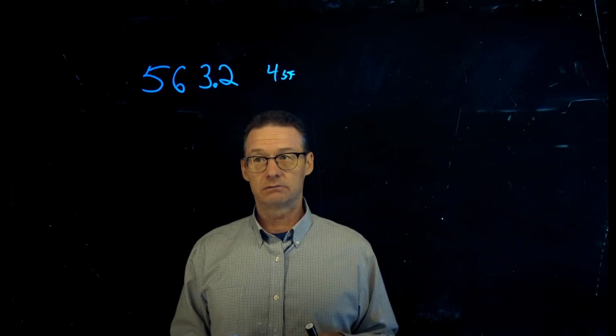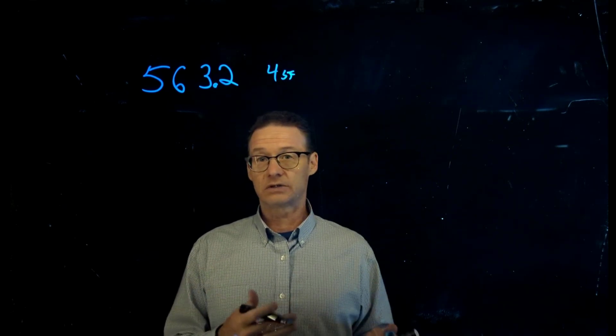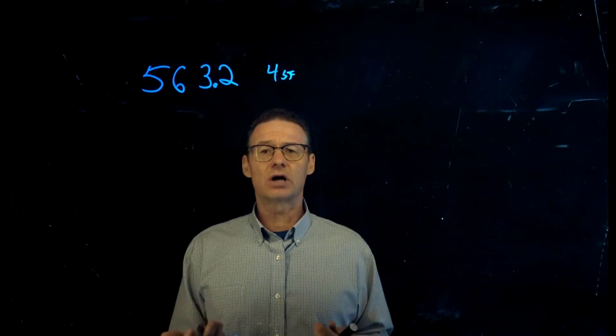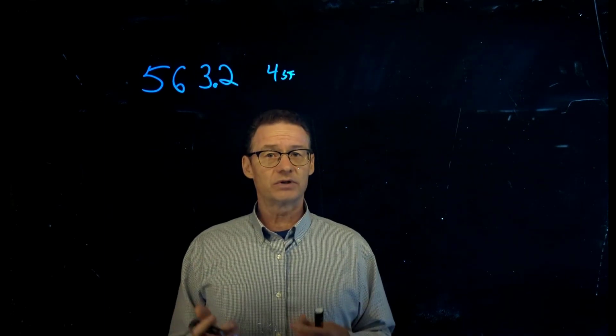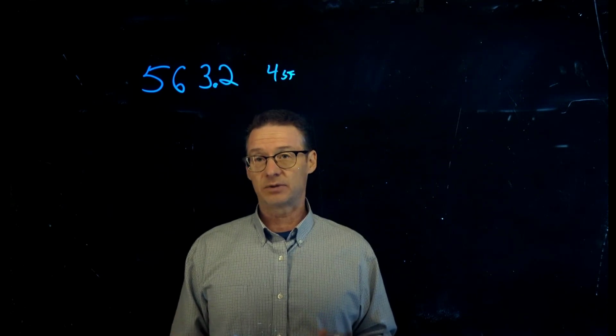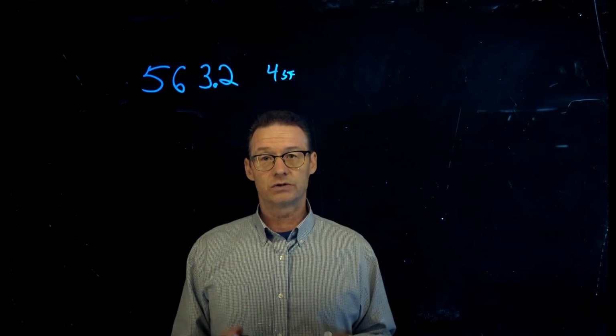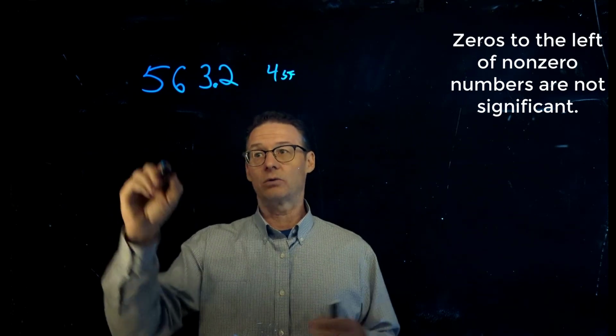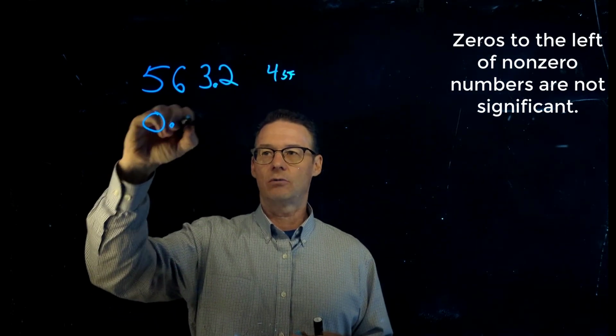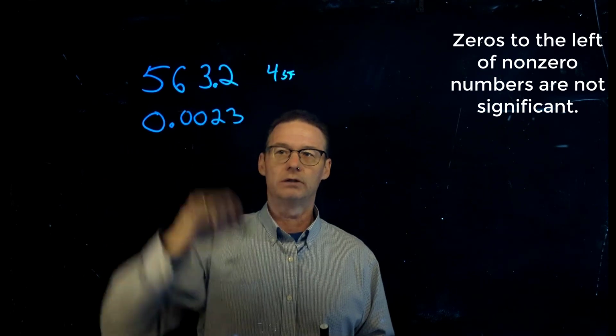So if anything that's not a zero, so 1 through 9, always counts, then really what you need to figure out is, what about the zeros? When do the zeros count and when do they not count? So there's a couple of rules here, but the simplest way I can explain it is, if you have zeros to the left of non-zero numbers, so when would that happen? Well, it would happen if you had, for example, 0.0023.